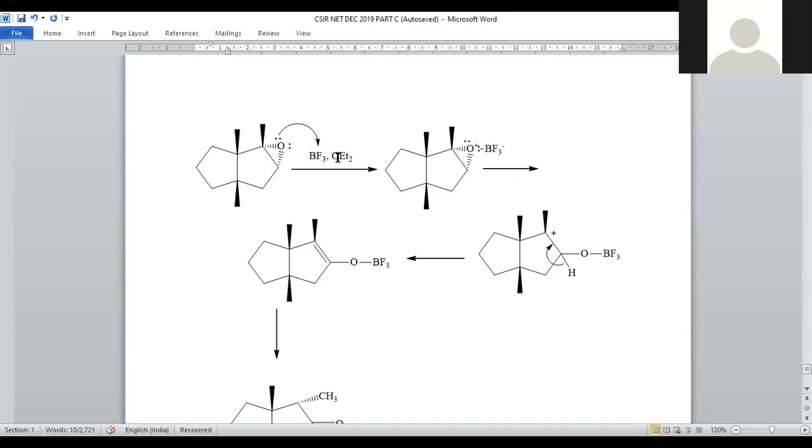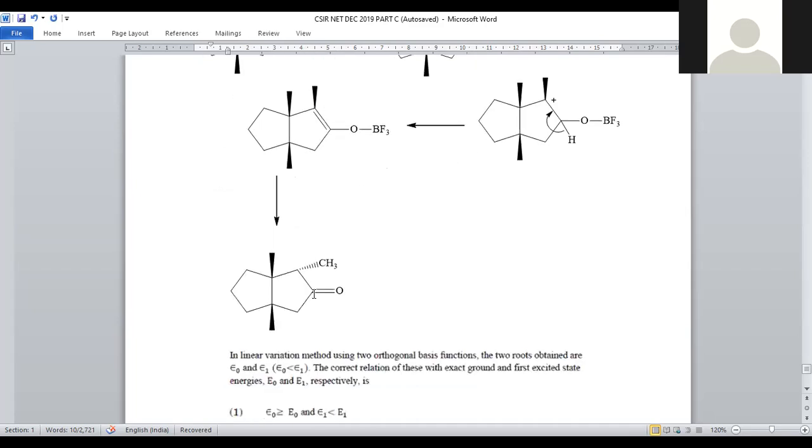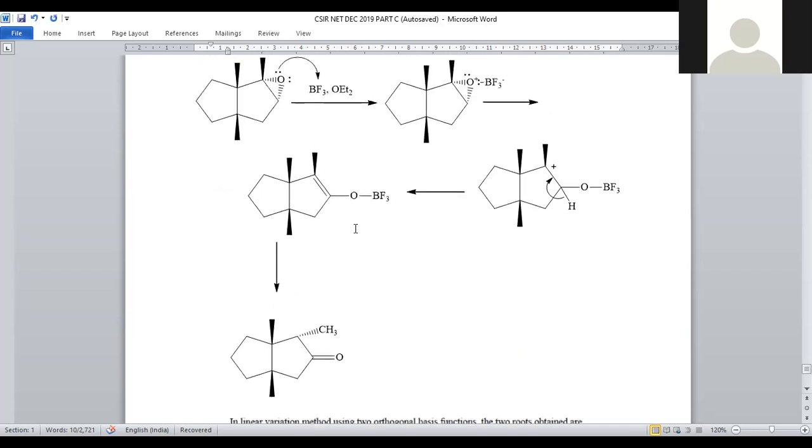How will it happen? Oxygen donates electrons to BF3 and an oxonium ion is generated. Oxygen within the three-membered ring carrying a positive charge is highly unfavored. Hence, immediate ring opening is possible and hydrogen will be eliminated, generating a carbon-carbon double bond. It can be further subjected to hydrolysis so that it is converted into OH. When OH is present, this is the enolic form, and we can tautomerize it into the ketonic form.